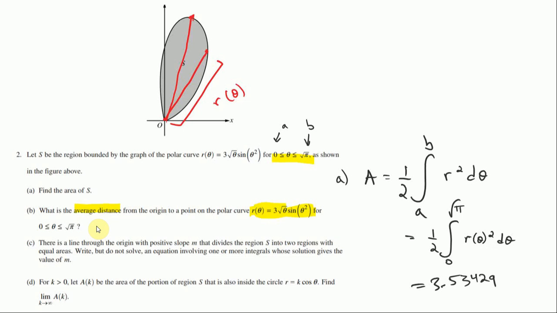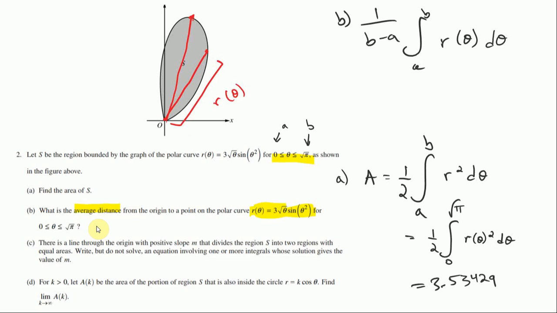So b is just going to be 1 over b minus a integral from a to b of r of theta d theta. This is the average value formula, so that's a good thing to know.